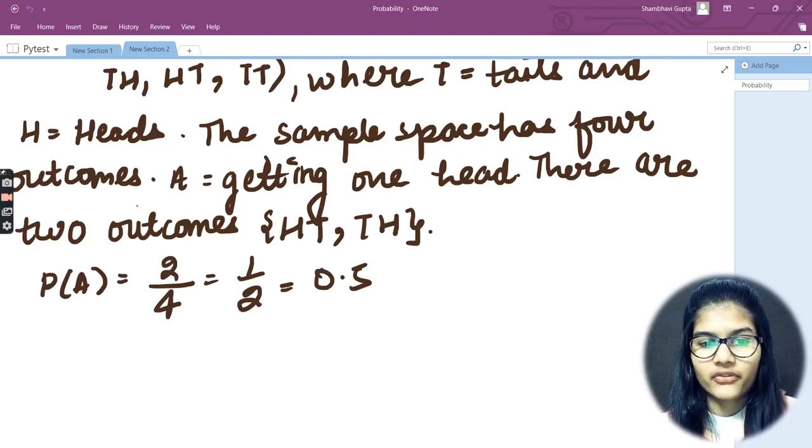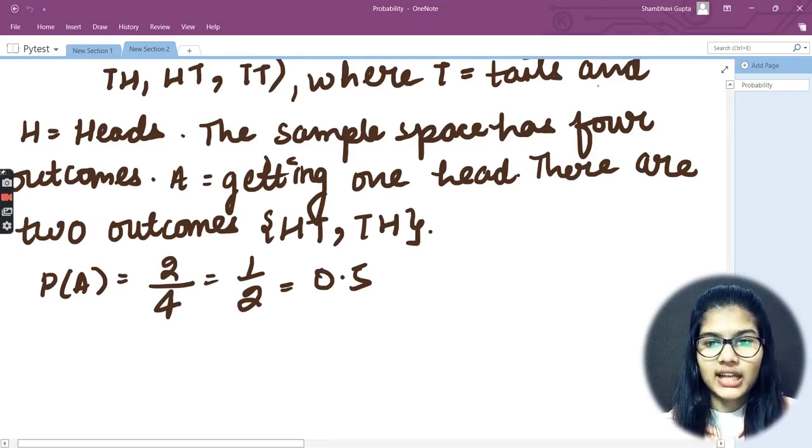Further, I have 0.5, and the probability of A is 0.5, so that means it is equally likely to happen, right? So this was what we just discussed as well. I hope I am pretty clear with this particular thing regarding this example which I have taken up here.